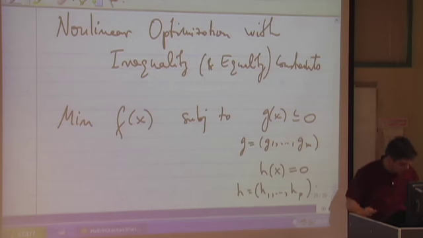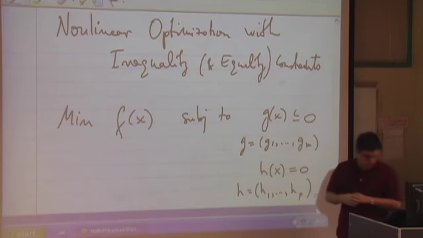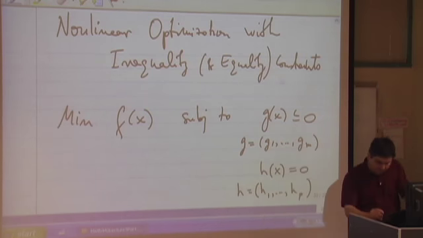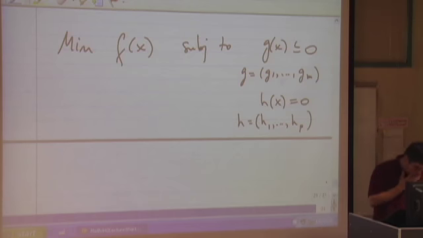I don't know, p. We don't really care too much about how many equality constraints, because we know that case was treated before. Now, what's an example?